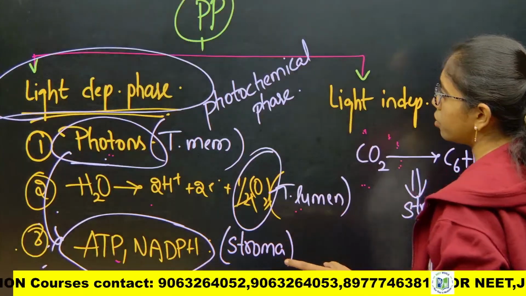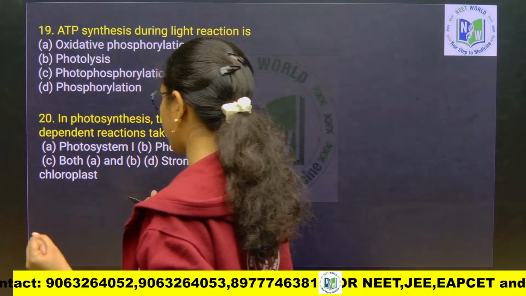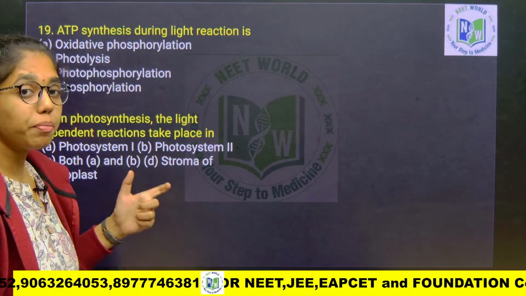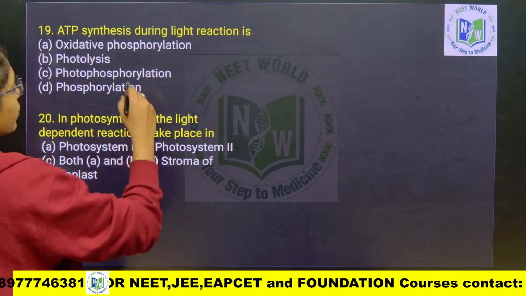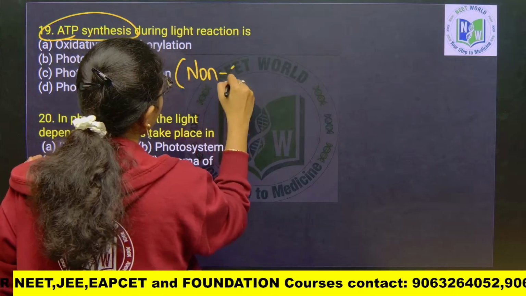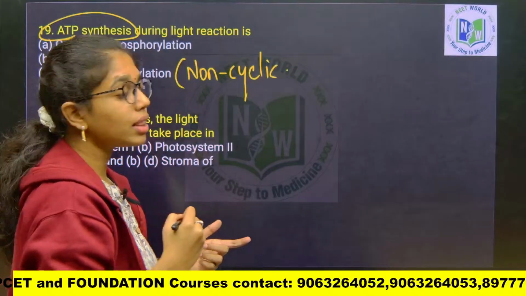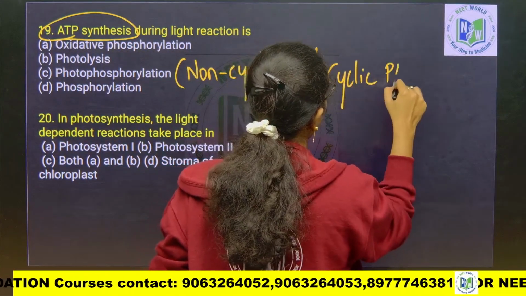Next question: ATP synthesis during light reaction. During light reaction, ATP is synthesized by what? In higher plants it is non-cyclic photophosphorylation. If it is bacterial photosynthesis, then it will be cyclic photophosphorylation.